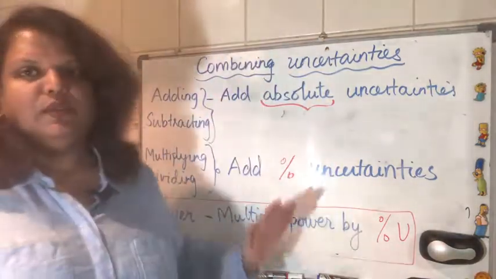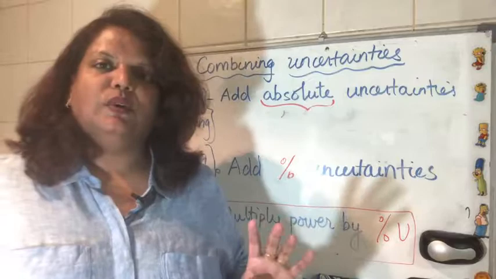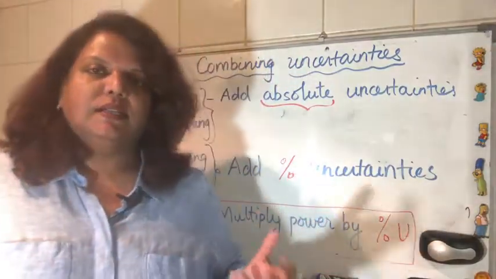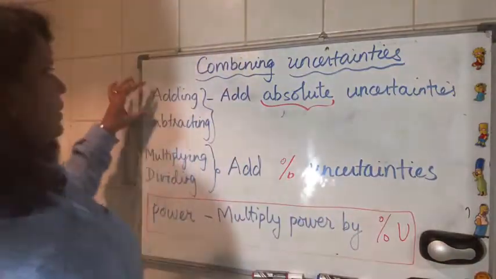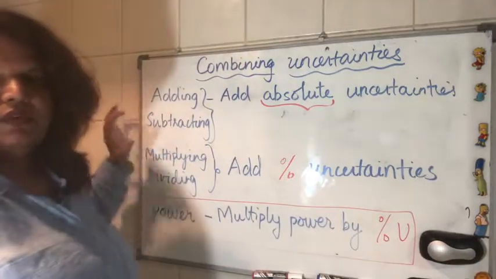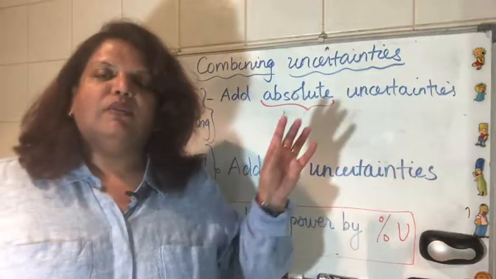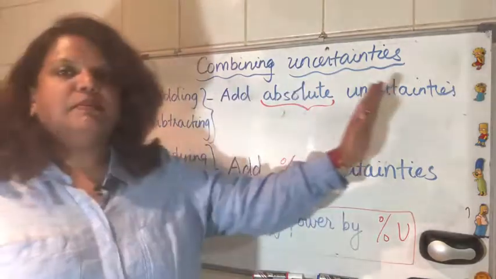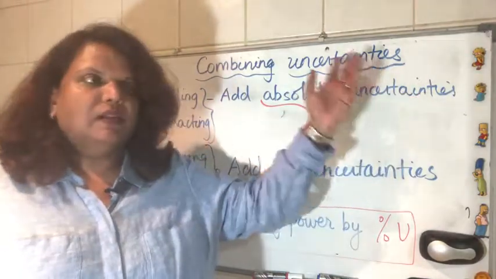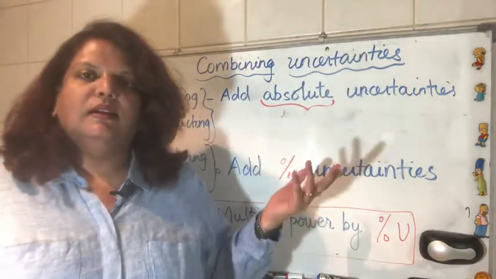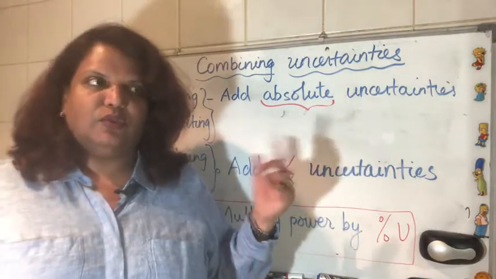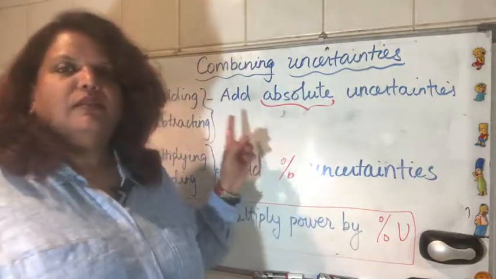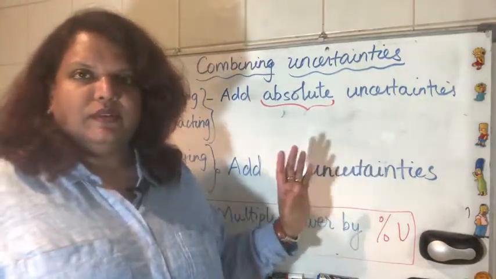Now this is the simple rule. If you remember this, you can do any calculation, combine uncertainties easily. Now adding and subtracting, which means if you have got two readings or more, if you're just adding all the readings, what you have to do is just add the absolute uncertainties. Say if you're using a ruler, then the uncertainty is 0.05 centimeters. So if two readings, you just have to add 0.05 plus 0.05, right?